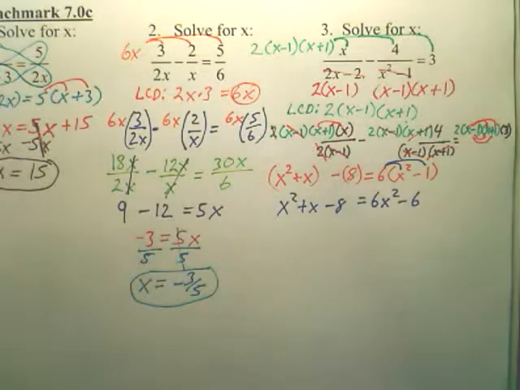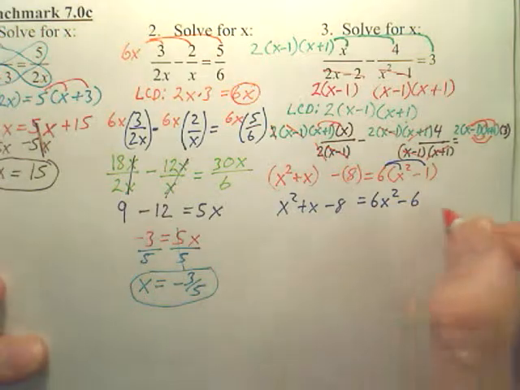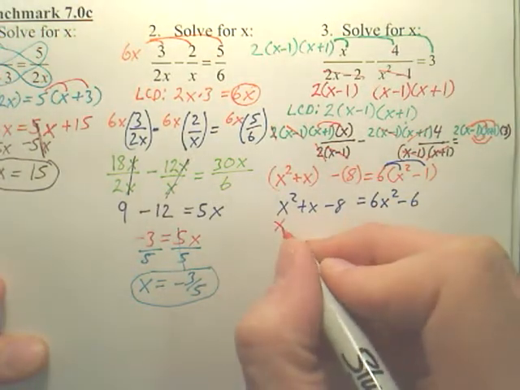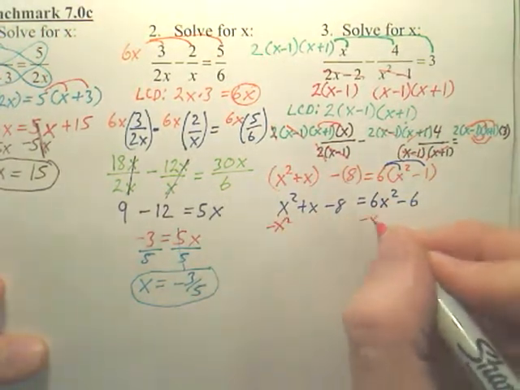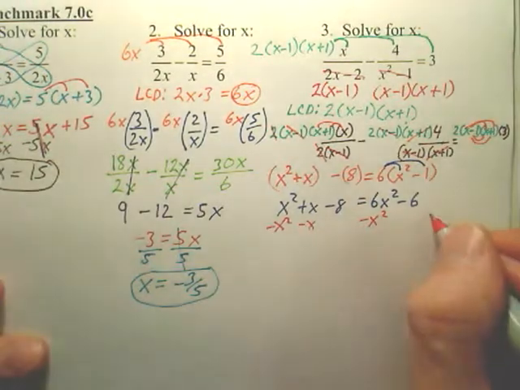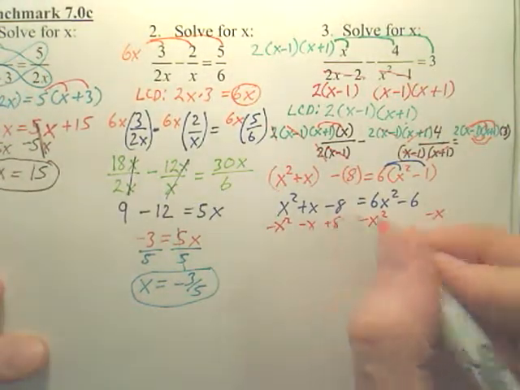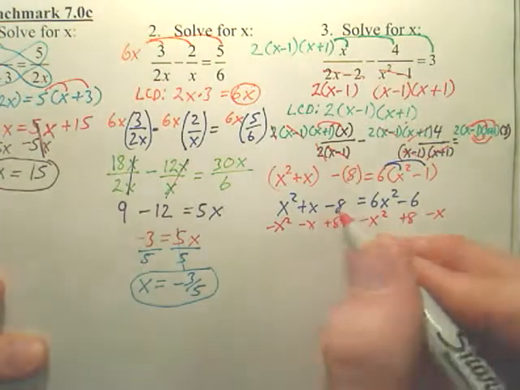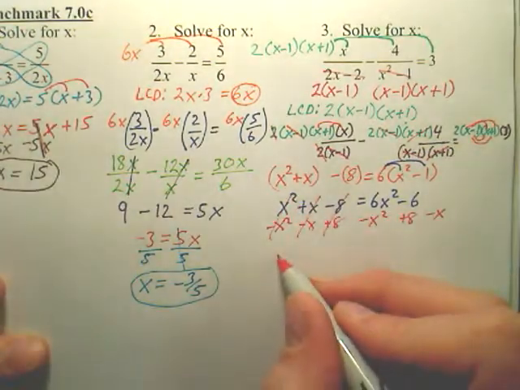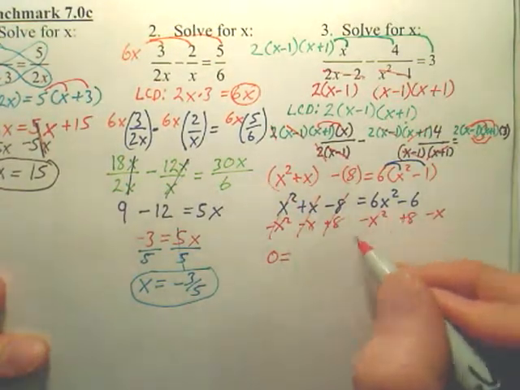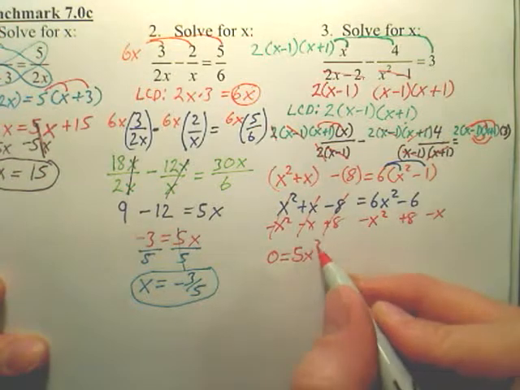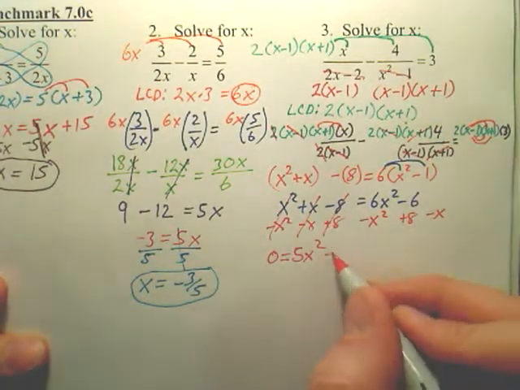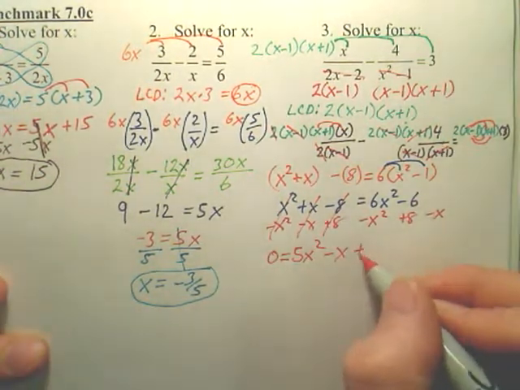And to solve this, we want to get the x squareds to one side, and I want to make them positive, so I'm going to move everything this way. So I'm going to subtract the x squared over, subtract the x over, and add the 8 over. So this is all gone, leaving me 0 equals 5x squared, negative x, and 2.